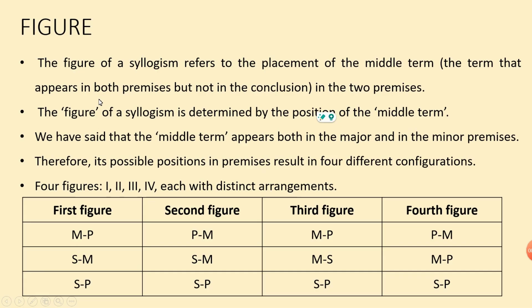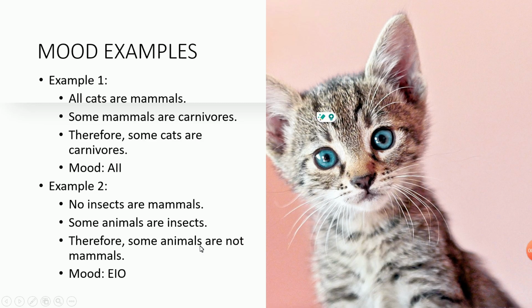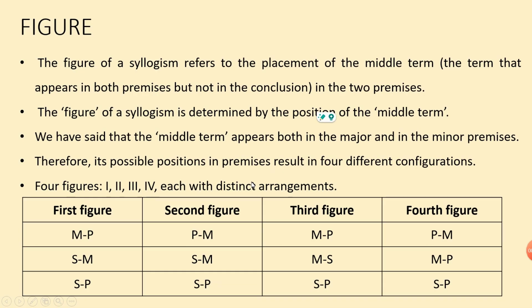So first one, see here. These three are premise 1, premise 2, conclusion. In the first statement, the middle term is coming later. Therefore, the middle term is coming in the second position. It should fall under either this or this. Previously, P is the predicate.